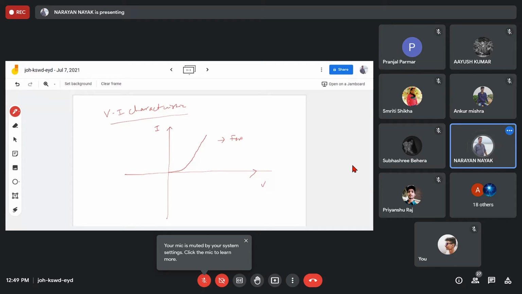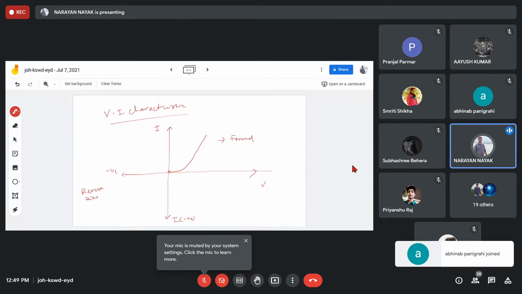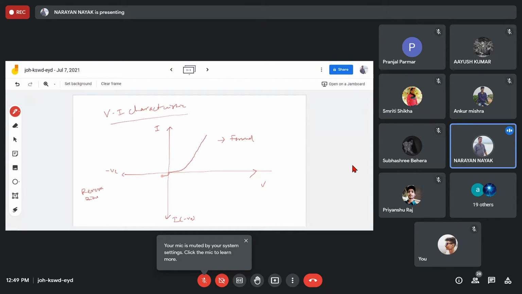This is your forward bias region. Okay, and this is your reverse bias region. So this is a negative voltage and this is a positive voltage. This current is also negative. Okay, and you'll get the diagram such that this will be like this, then after it will be like this.